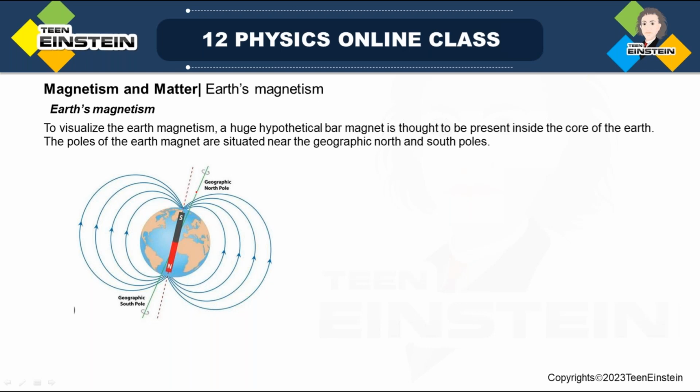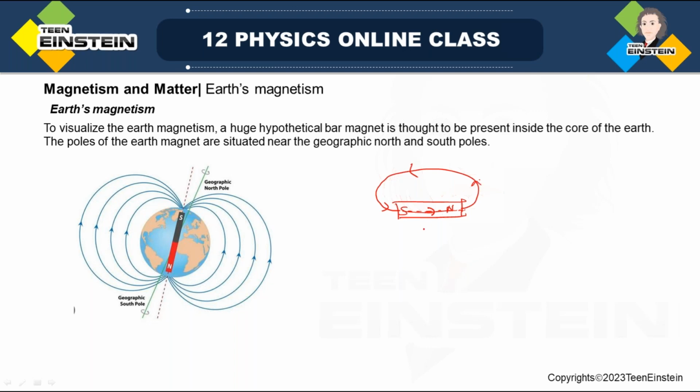The magnetic field lines generally come out of the north pole of the bar magnet, as you know, and go all the way around, and go inside the magnet also. This will make a closed loop.